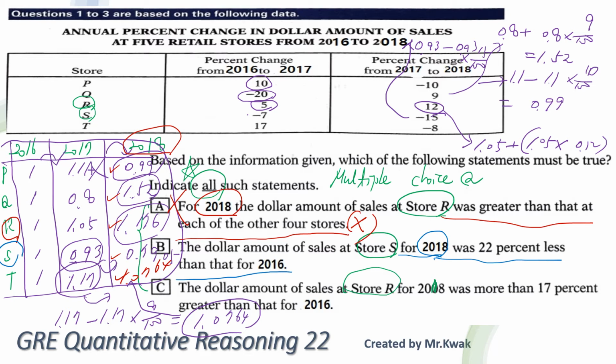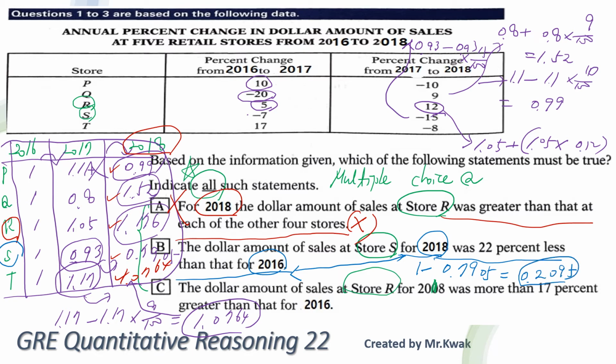In that case, we can compare 2016 and 2018. So we can just compare 1 minus 0.7905. In that case, that is 0.2095.